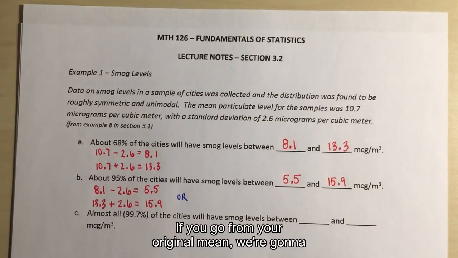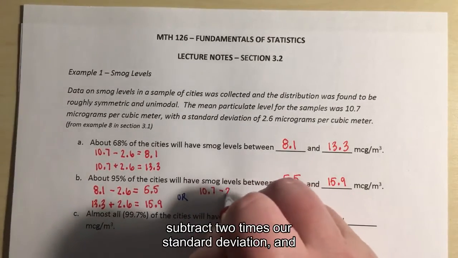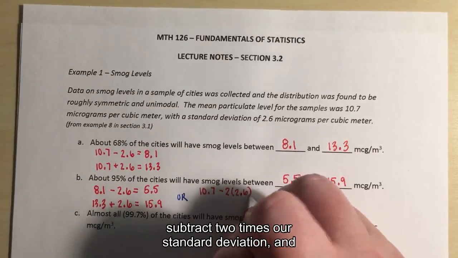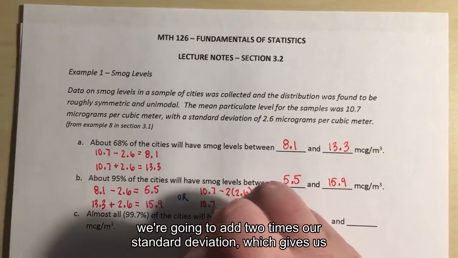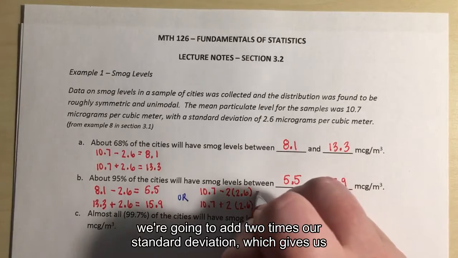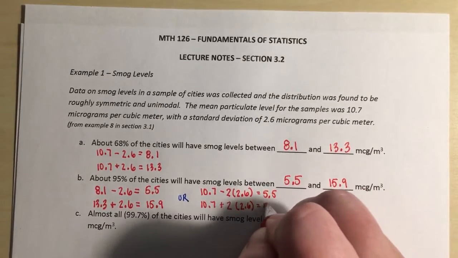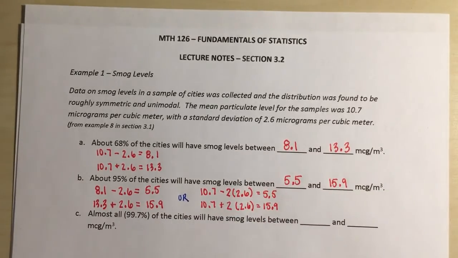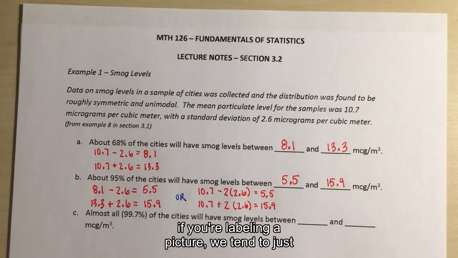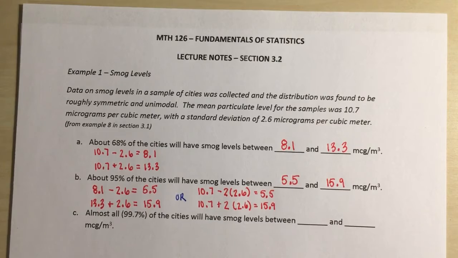If you go from your original mean, we subtract 2 times our standard deviation, and we add 2 times our standard deviation, which gives us the same values of 5.5 and 15.9. It depends on your personal preference. Especially if you're labeling a picture, most people tend to just keep doing the addition and subtraction. It makes it a little bit easier, a little bit more straightforward.